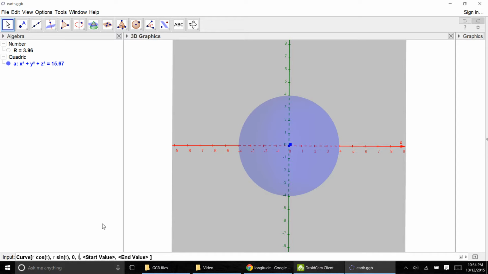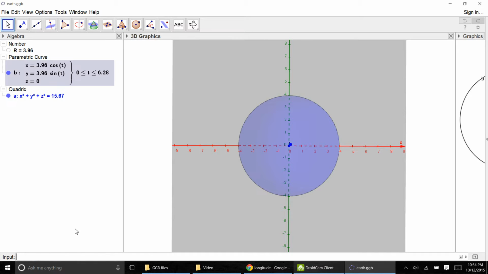And then t is going to go from 0 to 2 pi. We can just type in pi. Oh, used the wrong r. I probably should have stuck with the lowercase r, but I didn't. Okay, so we get the equator.